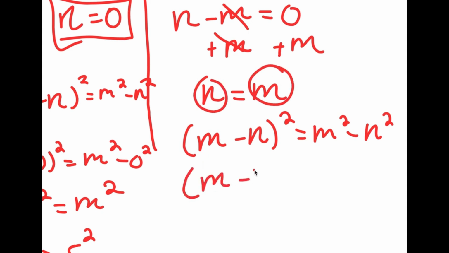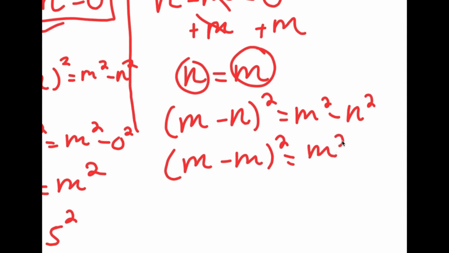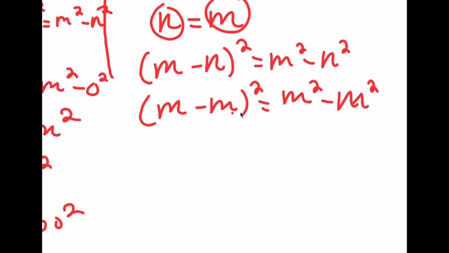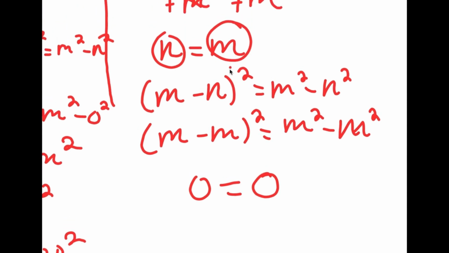So now I have (m − m)² is equal to m² − m². m − m is 0, so I have 0 is equal to 0. And this means that they're both equal to 0.